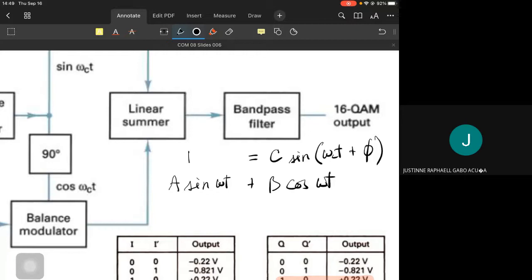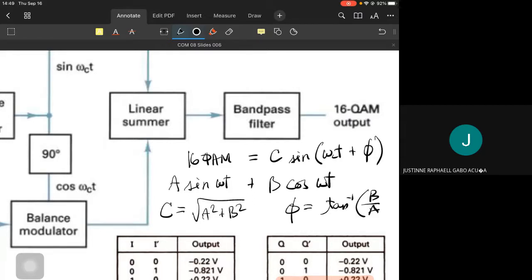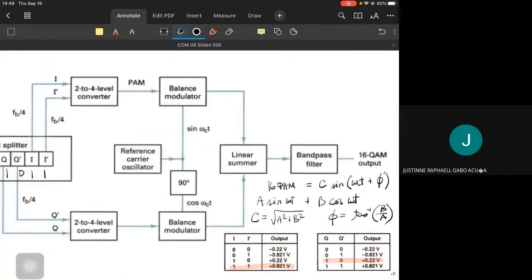Where C is equal to square root of A squared plus B squared and phi is equal to arctan B over A. So, ingani ang formula.